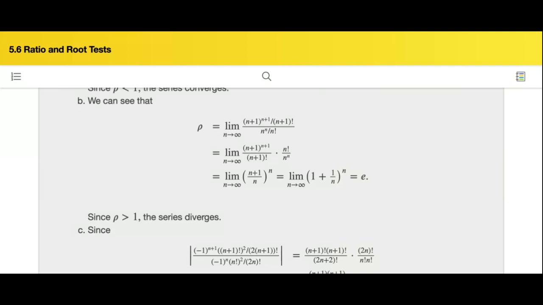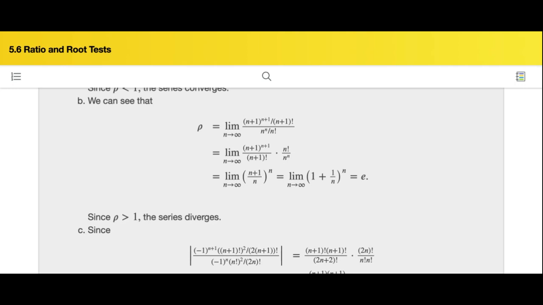Or if we remember the definition of the Euler number, this is exactly the Euler number. The limit as n approaches infinity of (n plus 1) over n can be written as 1 plus 1 over n, raised to the n. That equals e, e raised to 1, because this is 1 over n.